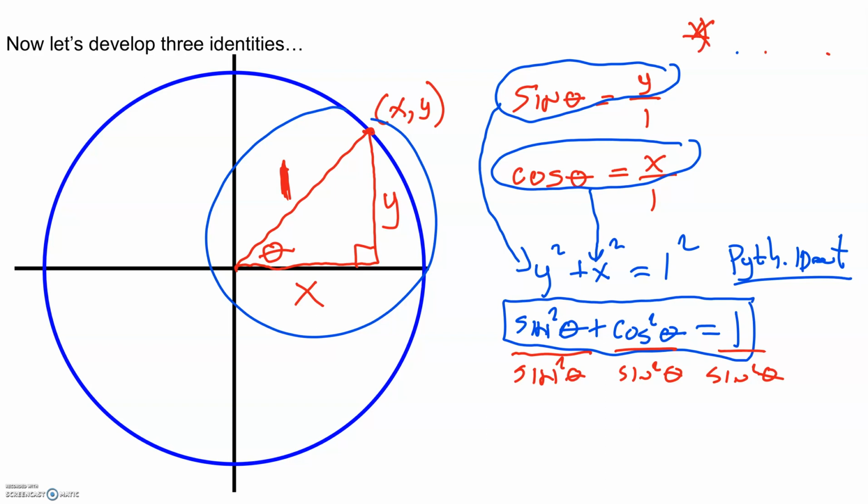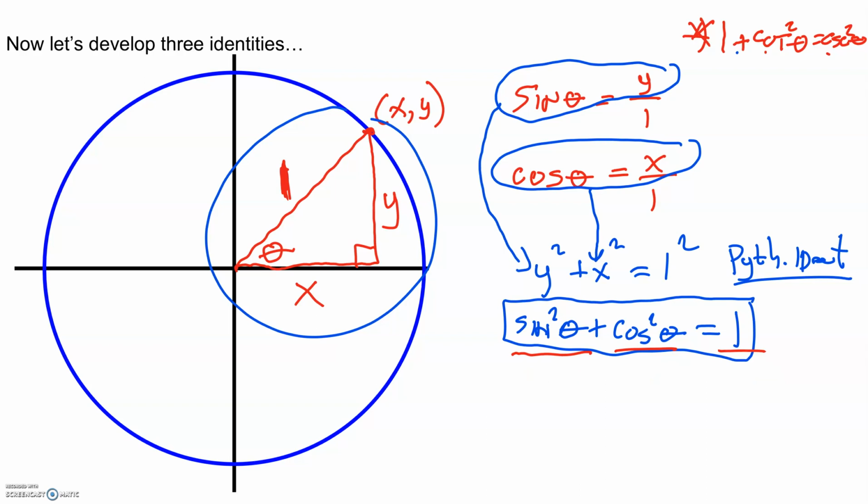See, sine squared over sine squared is a 1. Cosine squared over sine squared is cotangent squared. And 1 over sine squared is cosecant squared. So that's another Pythagorean identity. Pause it if you need to look, because I'm going to erase.